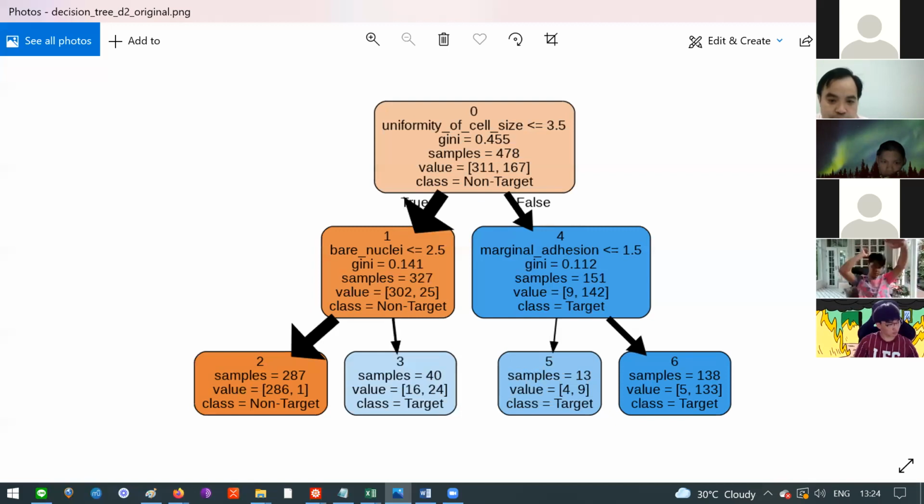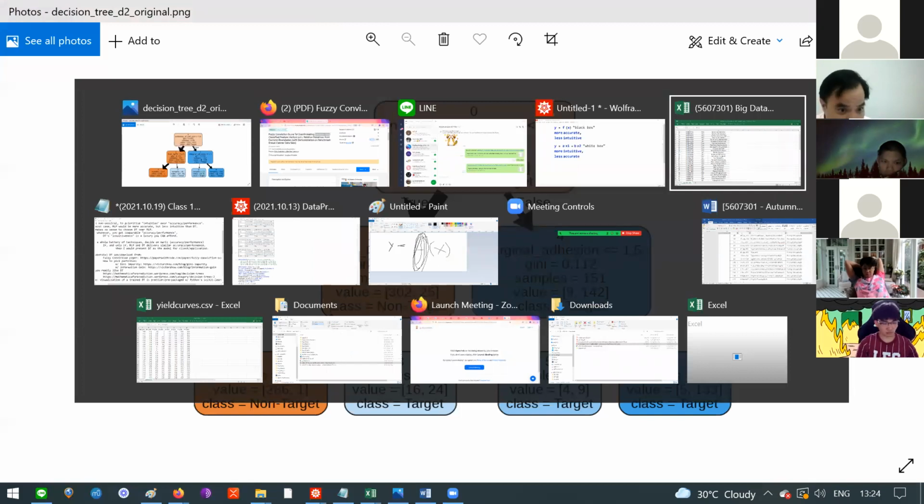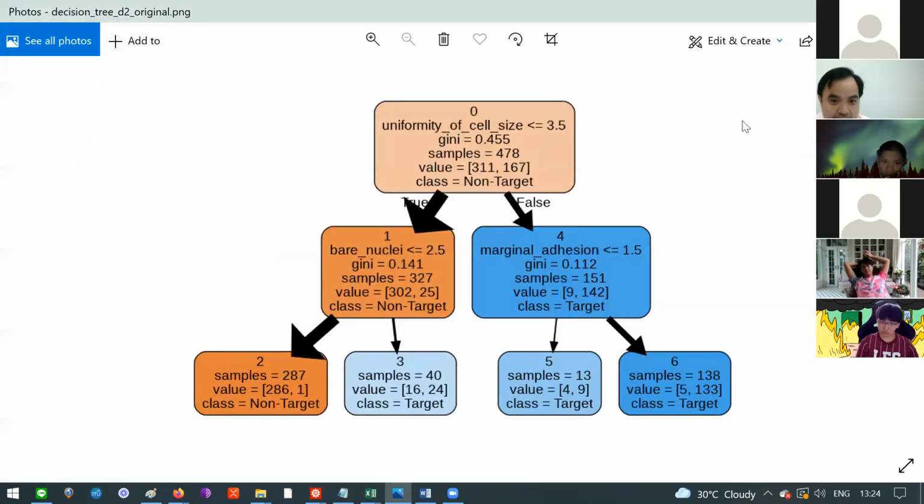The decision tree looks at all this and then makes a partition. So instead of partitioning x1, x2, it first makes a partition on this thing called uniformity of cell size. So x1 is a measure of uniformity of cell size.